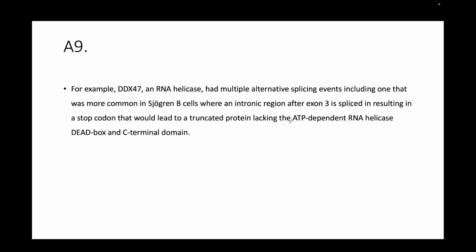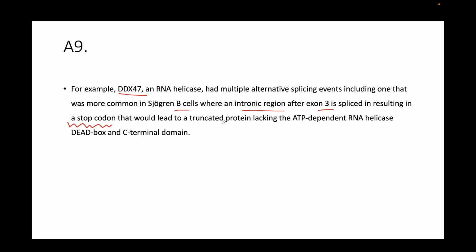Sometimes it happens. For example, DDX47, an RNA helicase, had multiple alternative splicing events, including one more common in B cells, where an intronic region after exon 3 is spliced in, resulting in a stop codon, which I was talking about in the previous slide. If a stop codon suddenly arises because of this splicing mechanism, that will lead to a truncated mRNA, so it will not produce the complete polypeptide chain.